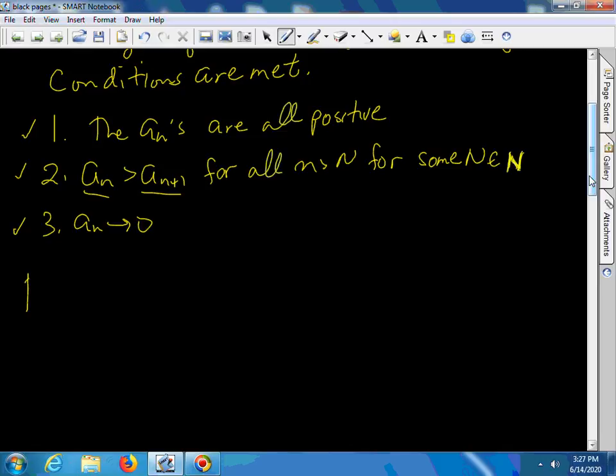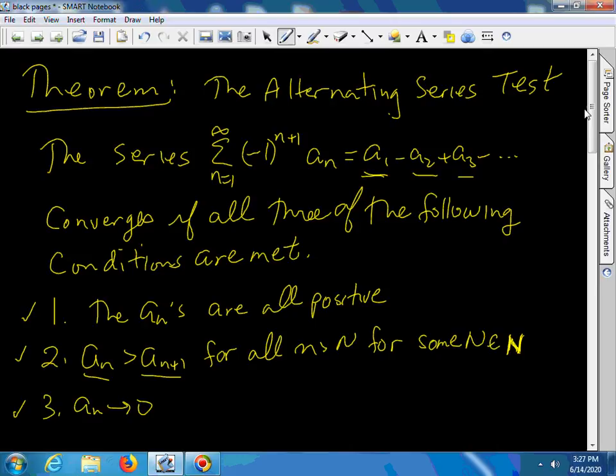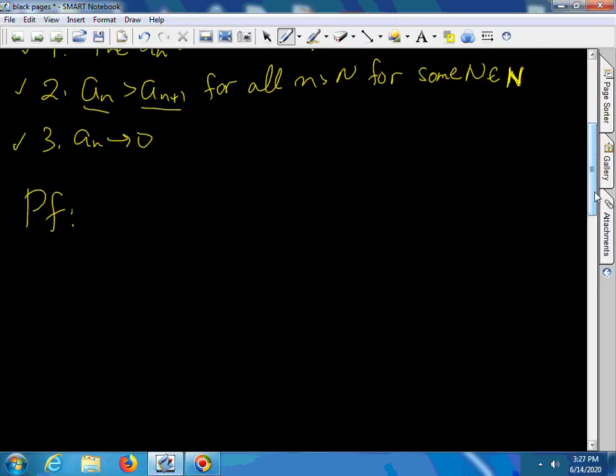Now, the proof is in two parts, where the first n terms are even or odd.